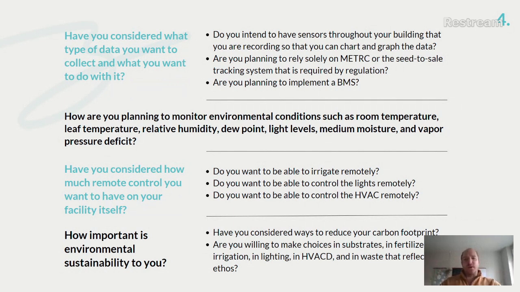And I asked this question very early on because if we can get these types of infrastructure systems in place early on, before the facility is even designed, your architect and GC can put that into your facility now rather than later. And it's going to cost you about a quarter to a third as much if you decide to put all of these systems and all of these sensors in place before you're operational, rather than having to interrupt your operation to be able to add it later.